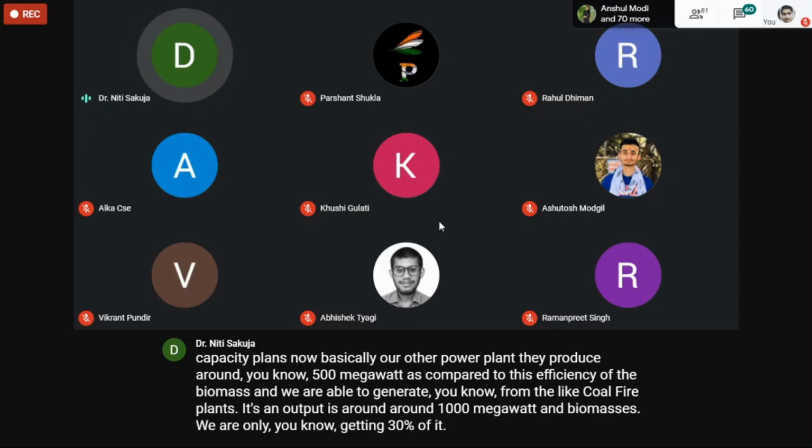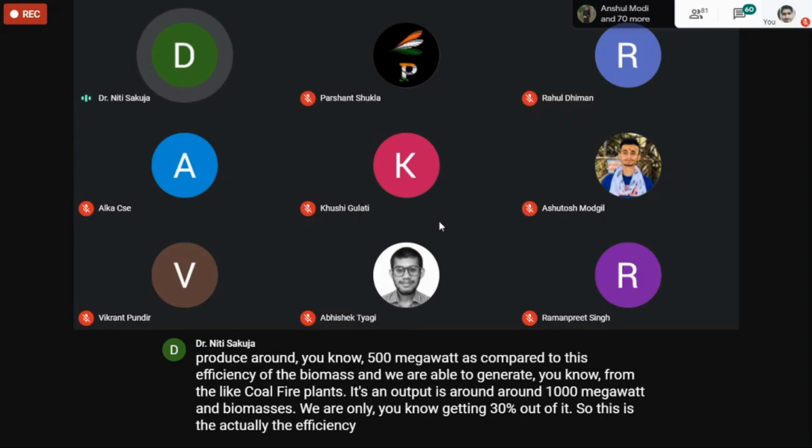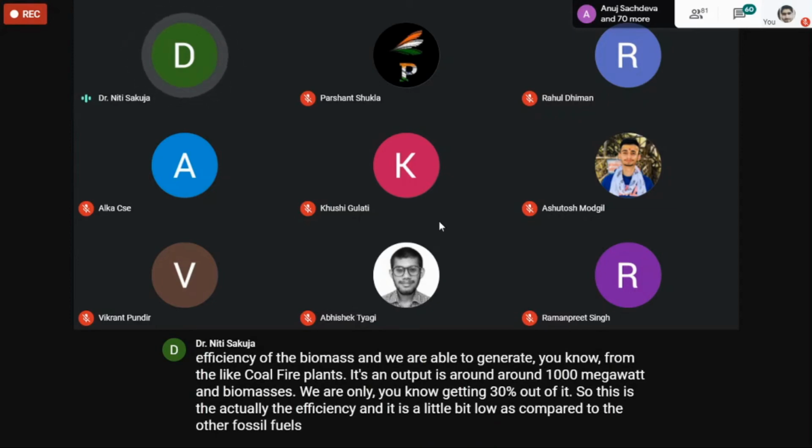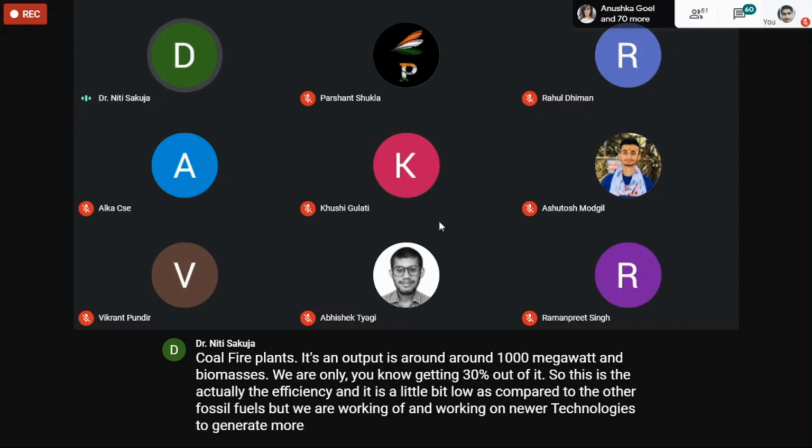So this is the efficiency, and it is a little bit low as compared to the other fossil fuels. But we are working on newer technologies to generate more and more power out of this biomass.